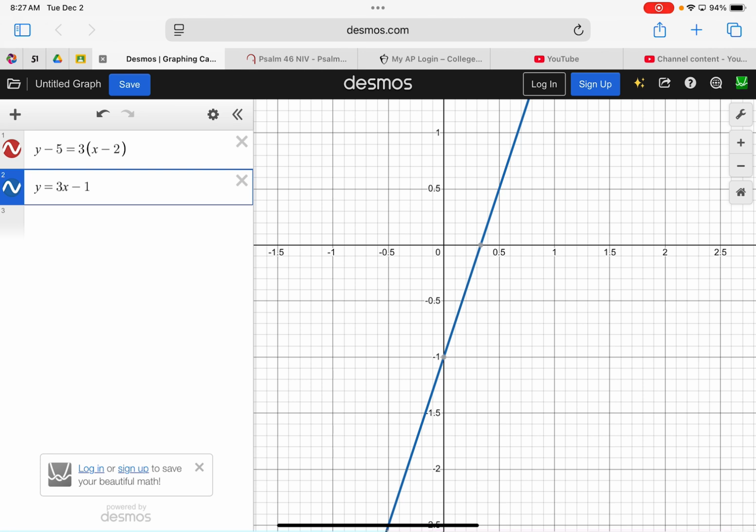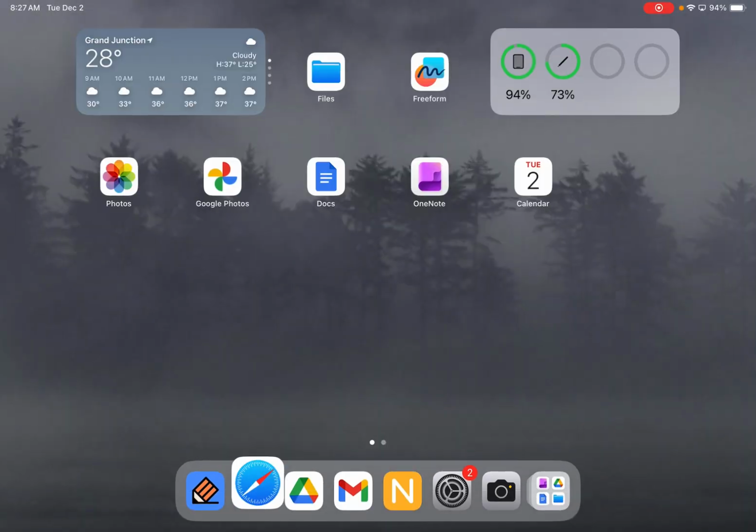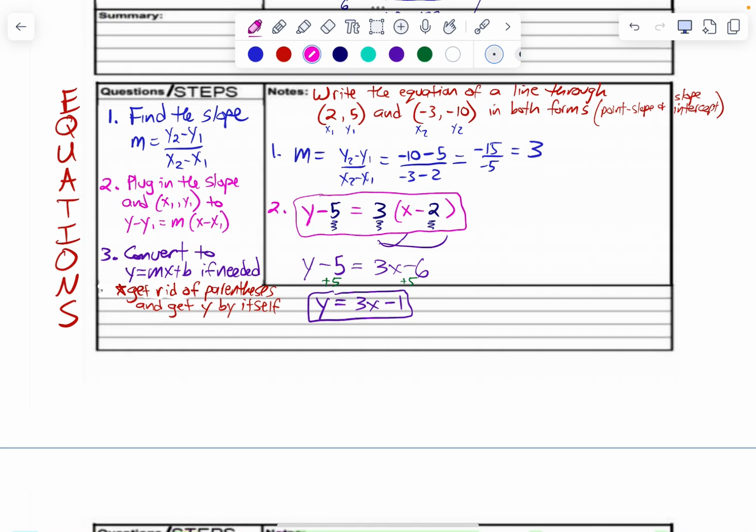That's, to me, the best and most efficient way to write an equation of a line, since we will always be given at least 1 point. Sometimes you're given the slope and a point. Sometimes you're just given 2 points. Sometimes you're given a whole table of values, but you will always be given at least 1 point. And so use the slope and stick the point in, and you have an equation.